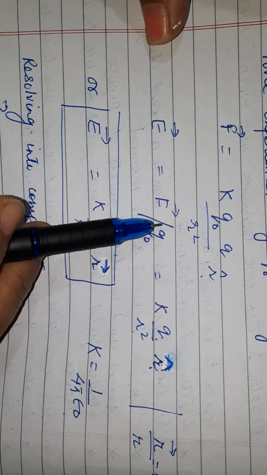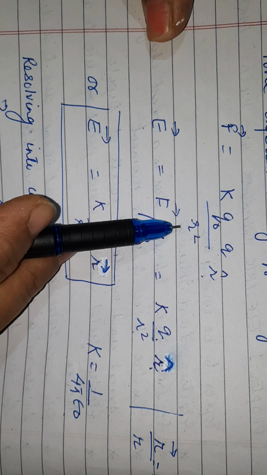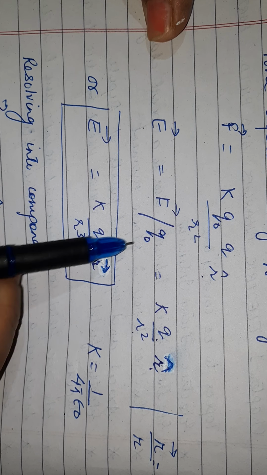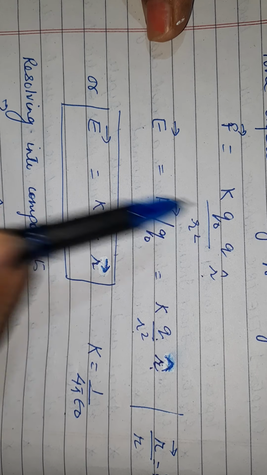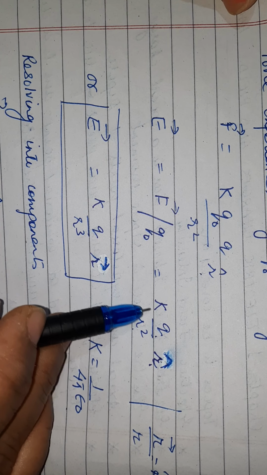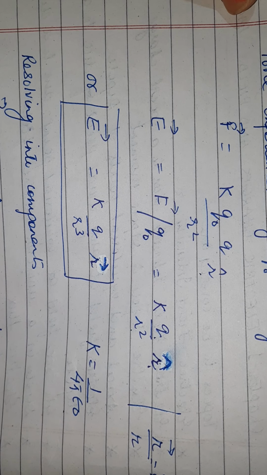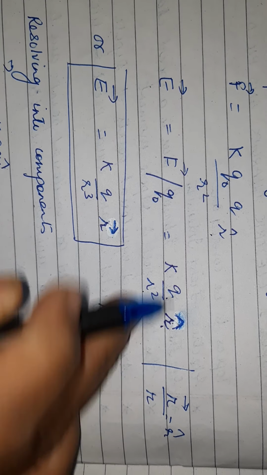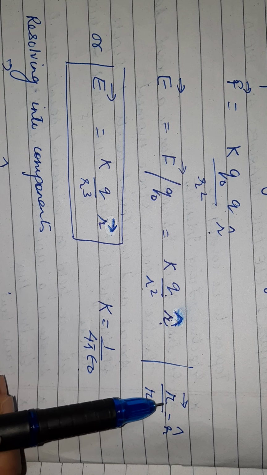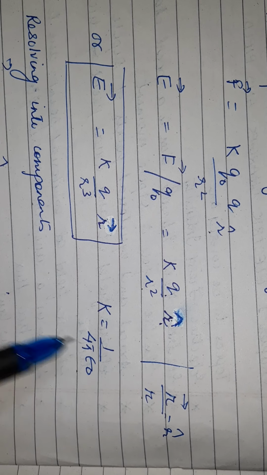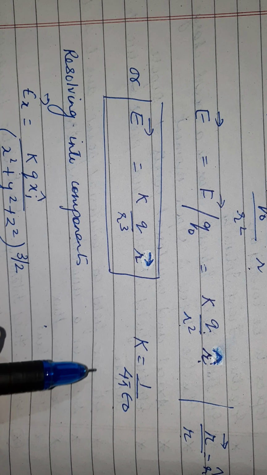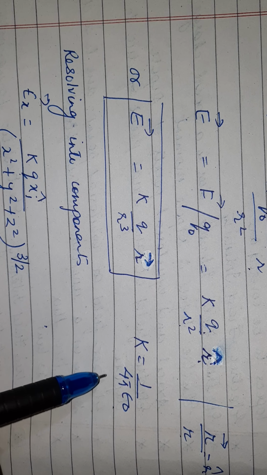So the value of force is K Q0 Q upon R square times unit vector R, divided by Q0. So Q0 will be cancelled, and the value of electric field intensity will be K Q R cap upon R square. We have written this unit vector R cap in the form of vector R upon modulus of R. K is 1 upon 4 pi epsilon naught.